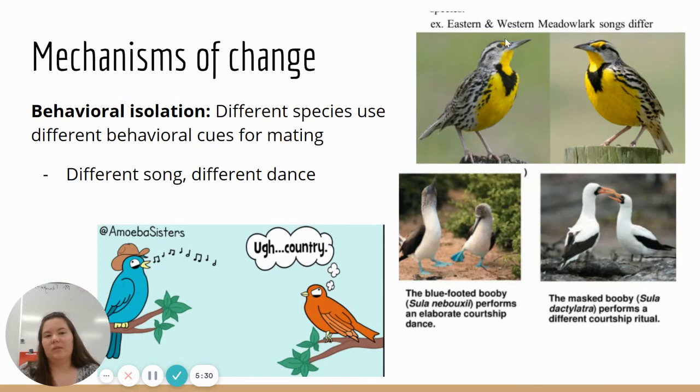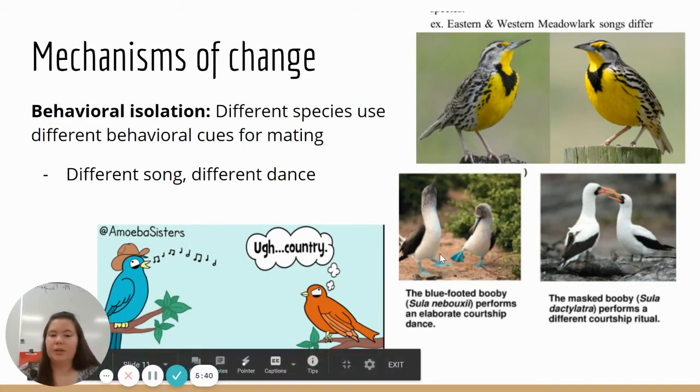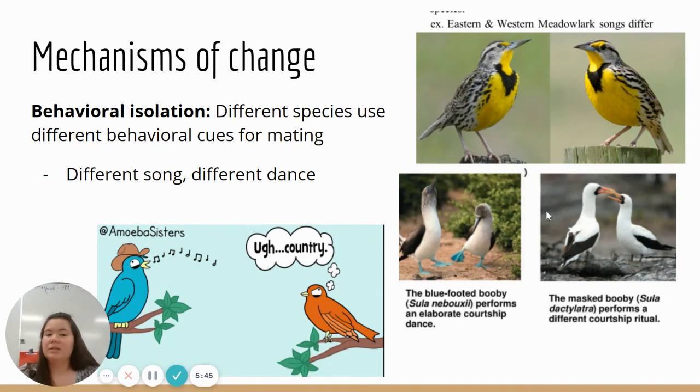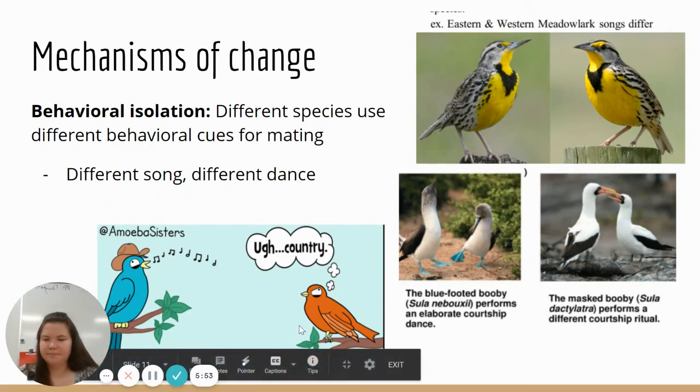And so if you have an eastern meadowlark next to a western meadowlark, they're still not going to breed together. Same thing down here with our boobies, which is a type of bird. You have blue-footed boobies and you have masked boobies, and they perform different rituals, different dances to attract a mate, and so they'll never attract a mate of the other species because it's different.